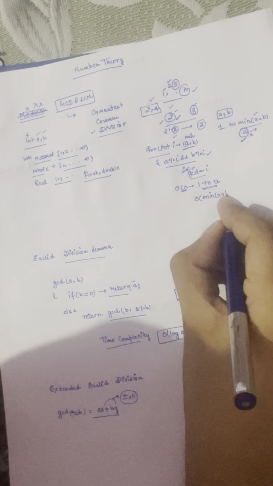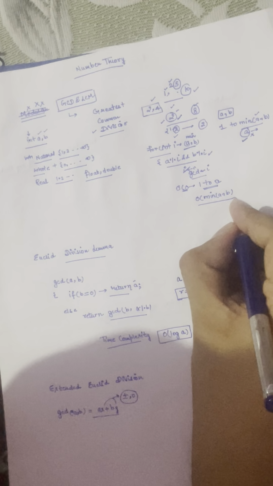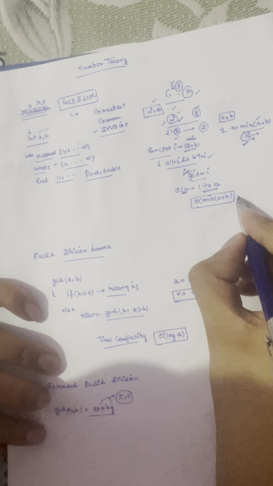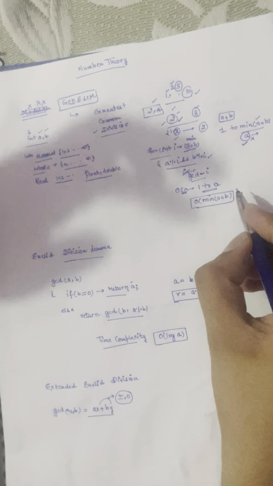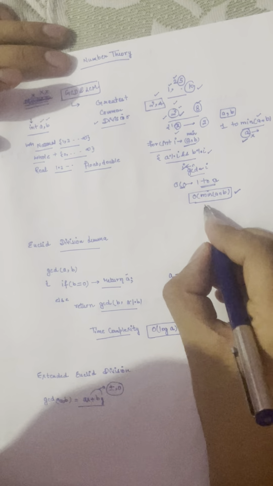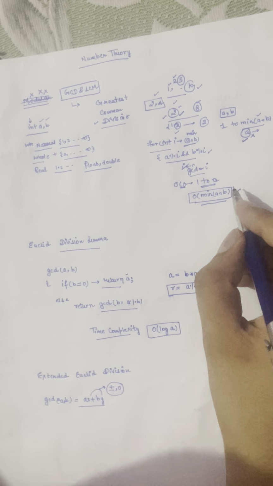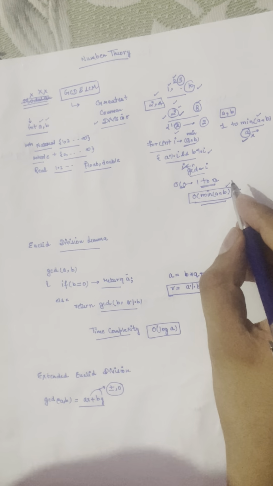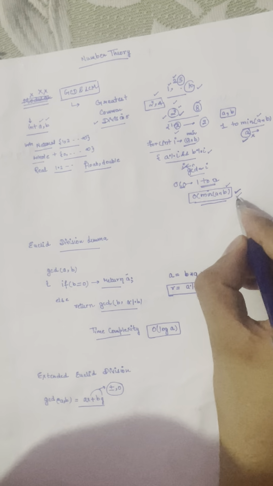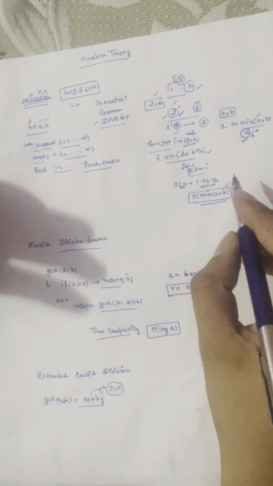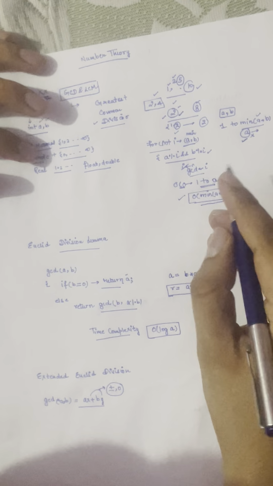This is not a very good time complexity, because if a and b are very big, finding GCD itself would take a lot of time. So this is not a very good approach for finding GCD. In most cases, if we use this solution, we would get a time out, because we would be taking linear time in calculating GCD.